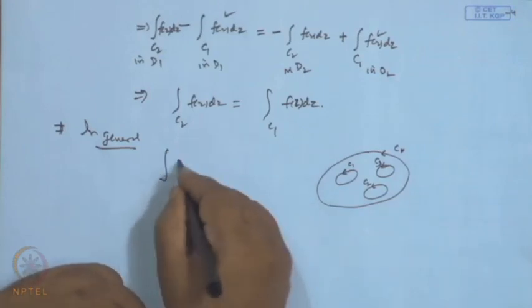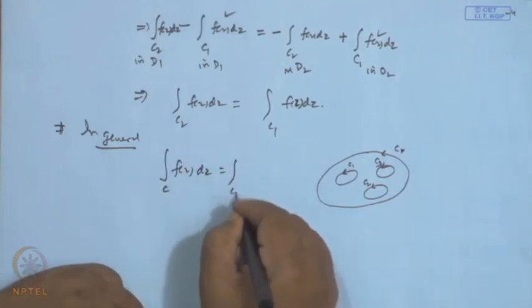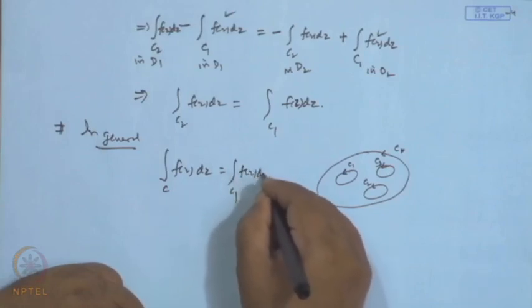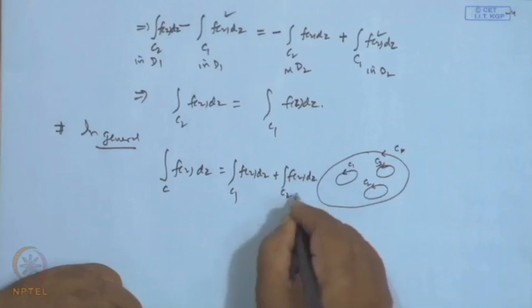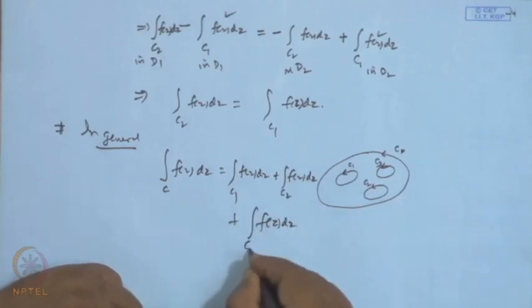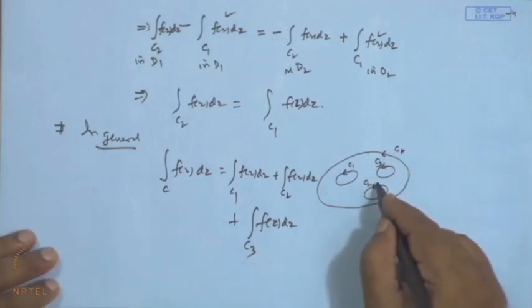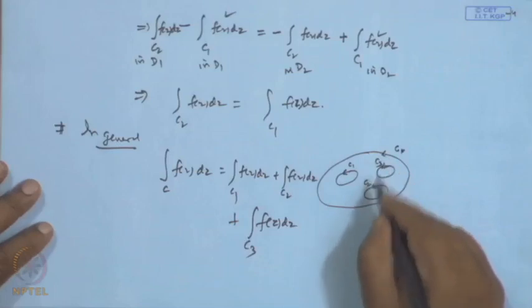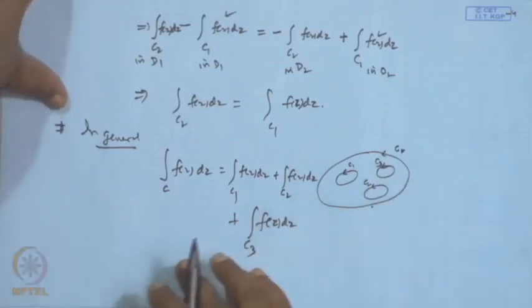Then the line integral of the function f z dz along C will be the same as the line integral of f z dz along C1 plus the line integral along C2 plus the line integral along C3. Now, the direction of C and the directions of C1, C2, C3 must be the same, either both clockwise or anti-clockwise, it hardly matters, and this shows it.